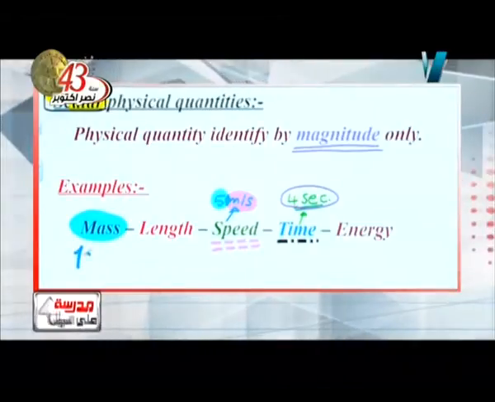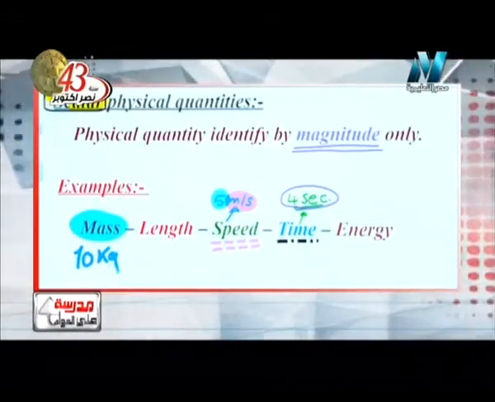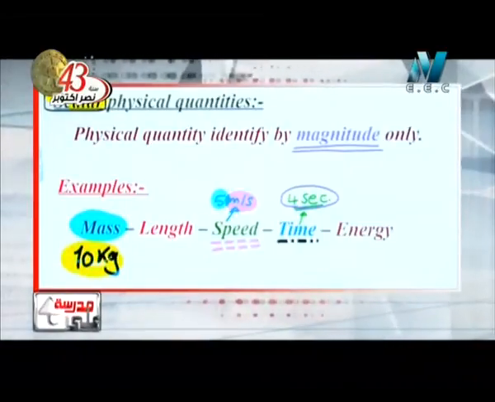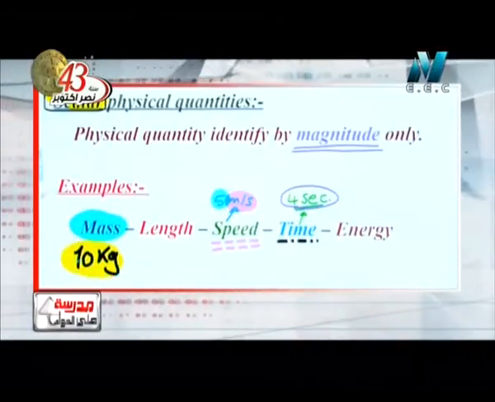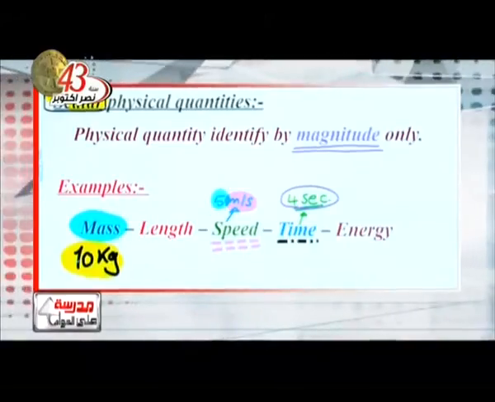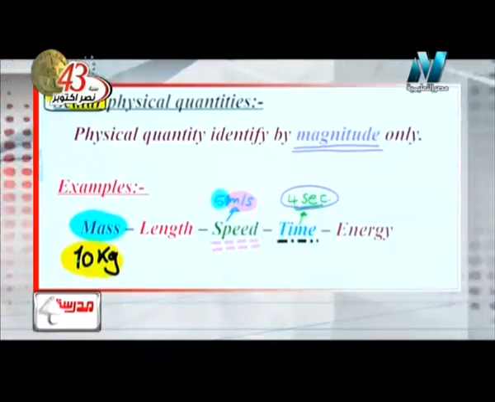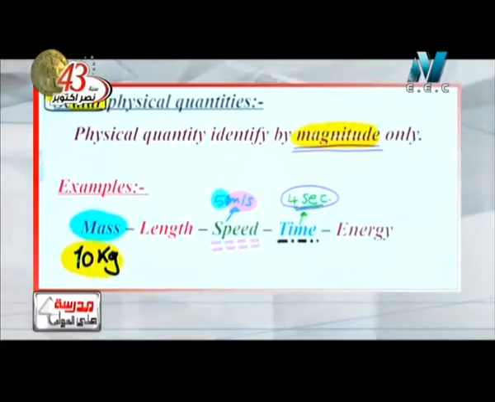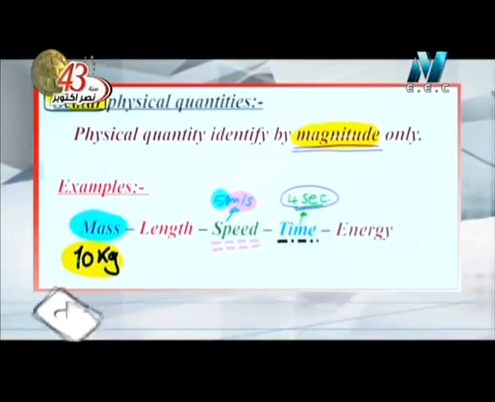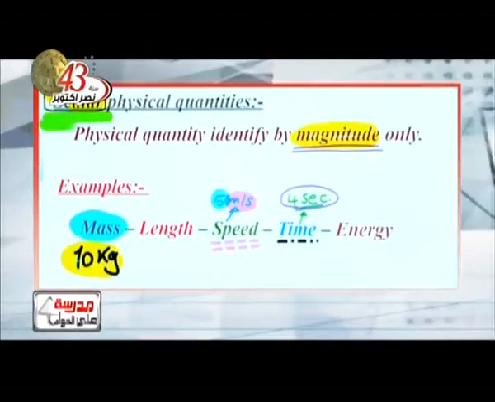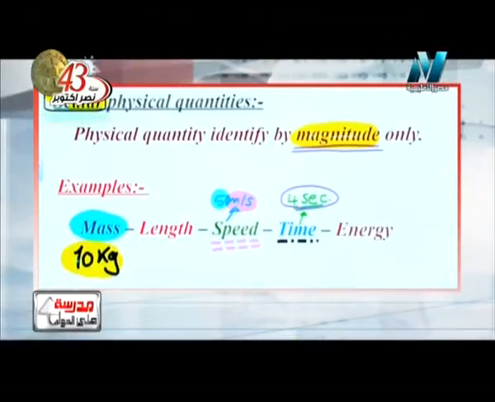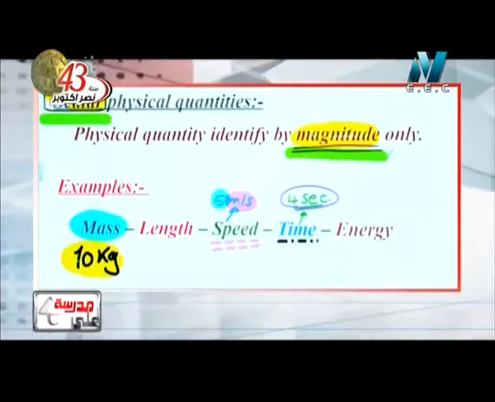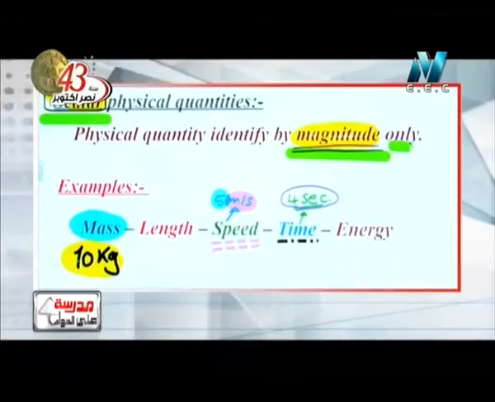If we say 10 kilograms, we know now the magnitude here. 10 kilograms is considered as magnitude, a number with a measuring unit together. So we identify the scalar physical quantity by using magnitude only.